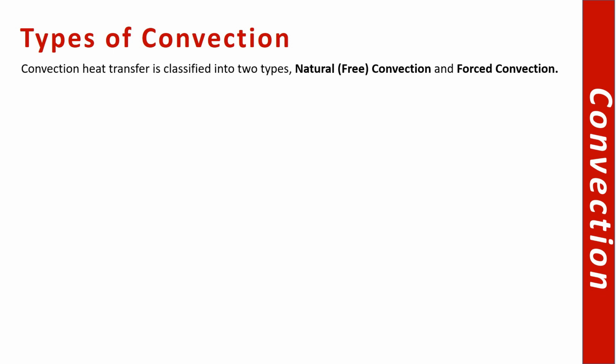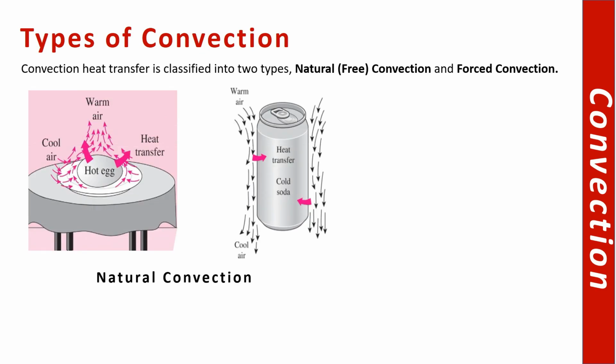Now convection is of different types: natural convection and forced convection. Again we have this hot egg. We are not blowing any air; the air comes in contact with the hot egg spontaneously, moving up naturally, and the heat transfer occurs naturally.